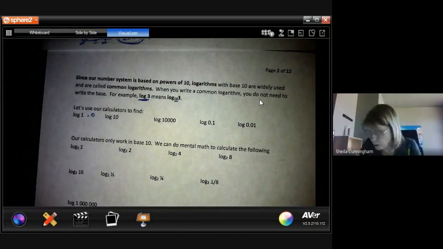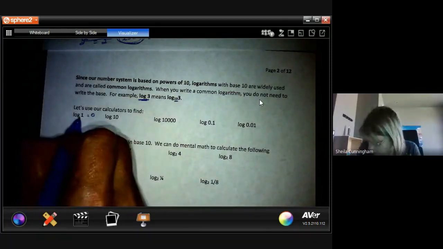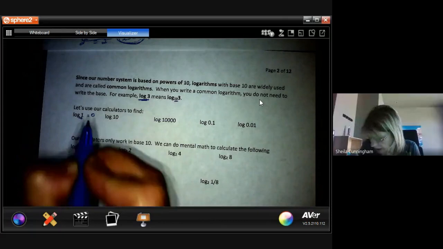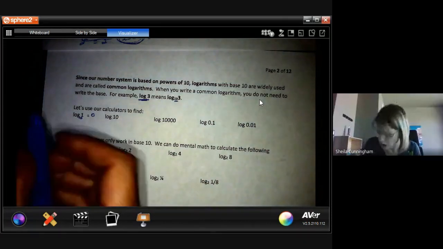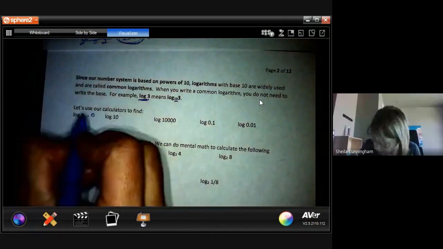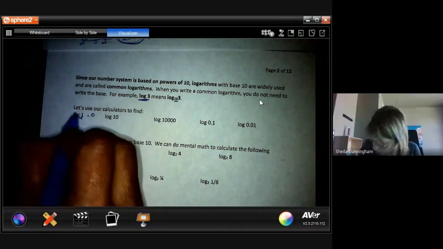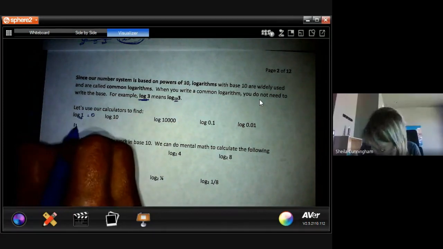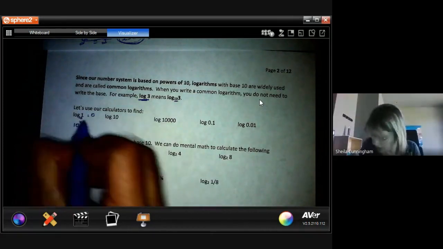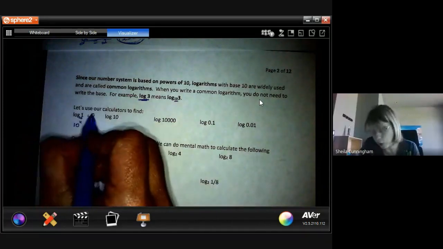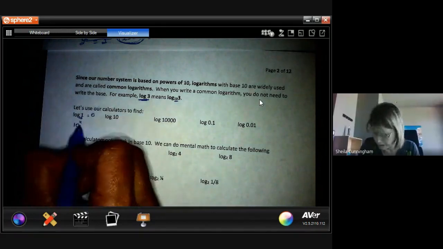Okay, but think about this, you guys. Technically, if there is no number down here, we're thinking of it as a base 10, right? So if I converted this to exponential form, I'd have 10 to some power equal to my value of 1. Let's play this out like we don't know the answer.